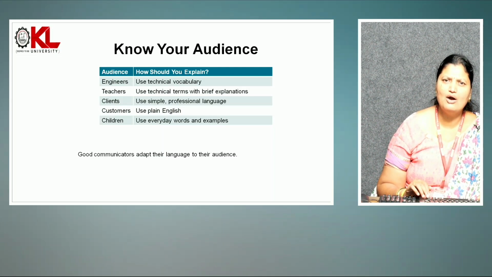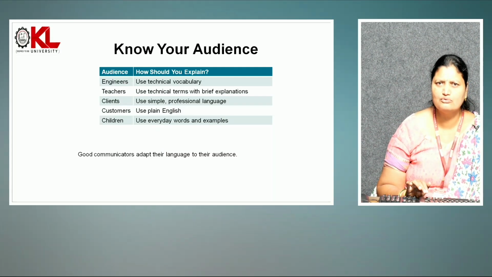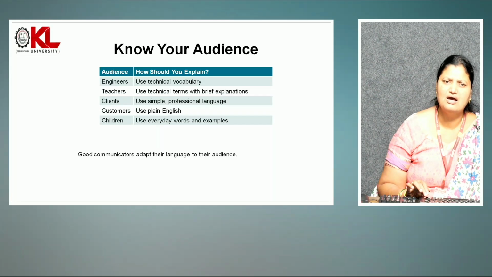When you have the segregation of the audience, sometimes you need to talk to an engineer, sometimes to teachers, your clients who have given you that particular project, or sometimes to the customers or children.